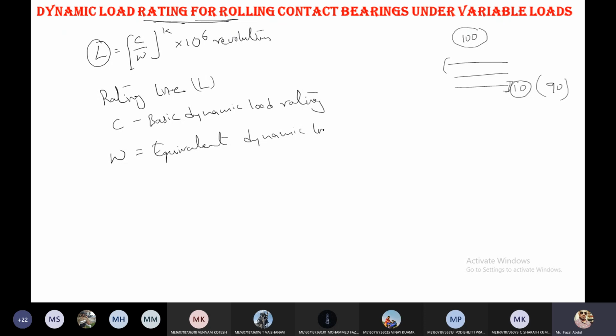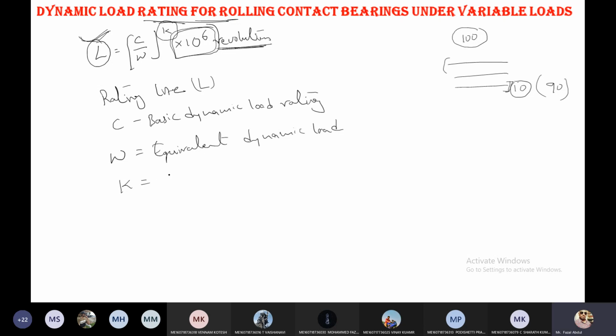Here the revolutions are measured in 10 to the power of 6. The rating life is expressed in terms of revolutions, so that's the reason we multiply by 10 to the power of 6. And here k is the exponential factor.